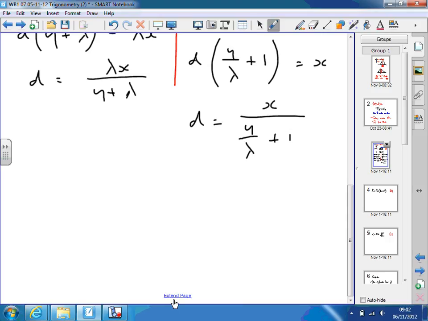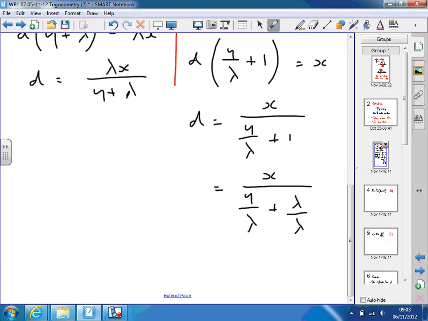Well, we've got something like this. Let's look at the bottom of this fraction here, y over lambda plus 1, this part. Whenever I add two fractions together, we talked about this at the beginning of the course, you must have the same denominator. So let's leave the x as it is, and think of this as y over lambda plus lambda over lambda, which might not be an obvious thing to do, but what I've done is I've made the denominator the same in both of these.